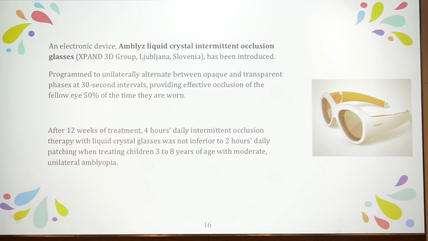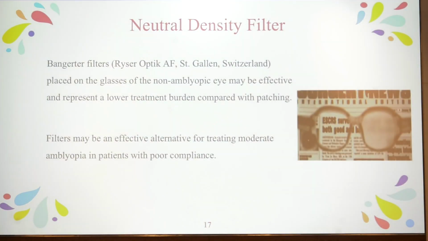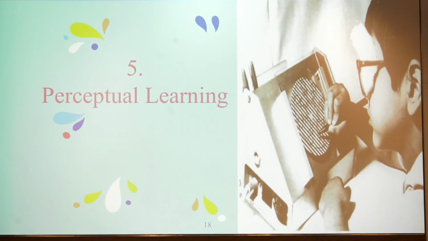And they provide effective occlusion of the fellow eye 50% of the time that they are worn. So neutral density filters by the name of Bangerter filters are available, and they are placed on glasses of the non-amblyopic eye. They are as effective as the proper occlusion OptiClude patches, and they represent a lower treatment burden as compared to patching. They are more cosmetically acceptable to the kids.